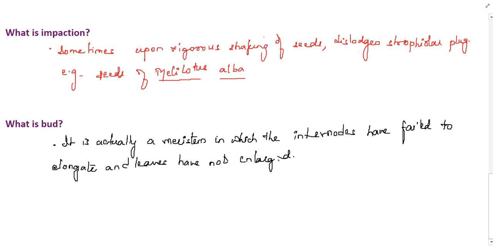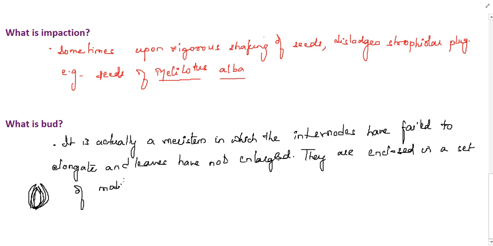What we see is that buds are enclosed by a set of modified leaves, and these leaves are known as bud scales.